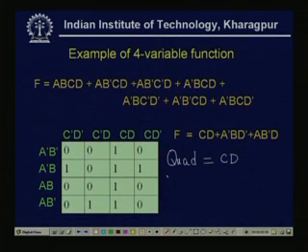Now, the first couple. See, if I take this one as the first couple, then it reduces to A bar B, which is common for both the minterms, and for these two adjacent ones, C is common and D bar will cancel.